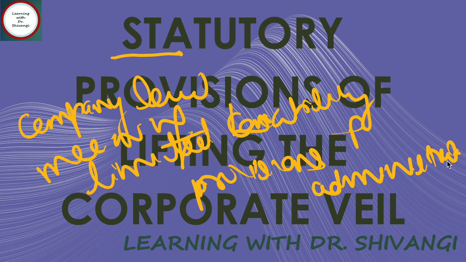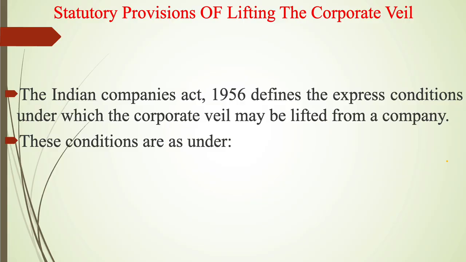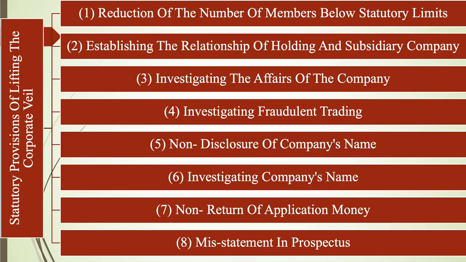Now coming to the statutory provisions. What are the statutory provisions of corporate veil? The Indian Companies Act 1956 defines the express conditions under which the corporate veil may be lifted from the company. These conditions are as under: first is reduction of the number of members below statutory limits. Second is establishing the relationship of holding and subsidiary company.